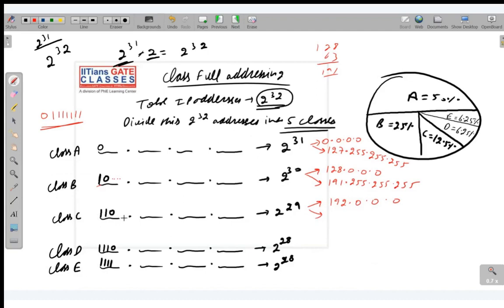So 192 plus 31, what will we get? 213? Or 223? 223. You can add it: 192 plus 31 is 223. Yes, 223 dot, and here it is very obvious, 255.255.